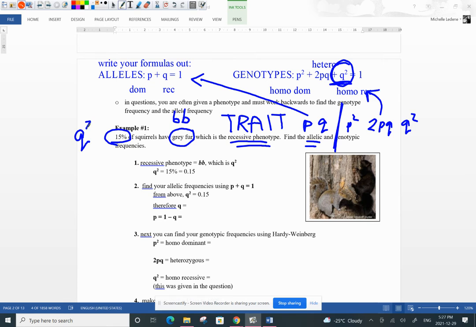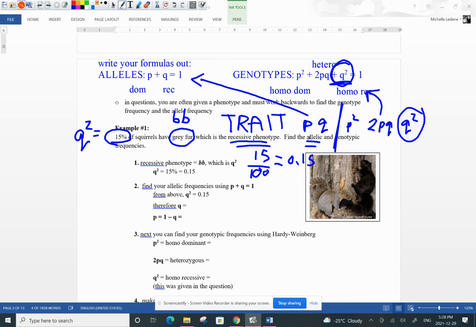This 15% of the population is the Q squared value. These are the individuals that have two recessive alleles, little b squirrels. So Q squared is 15%, and of course, as a decimal, 15 out of 100 is 0.15.